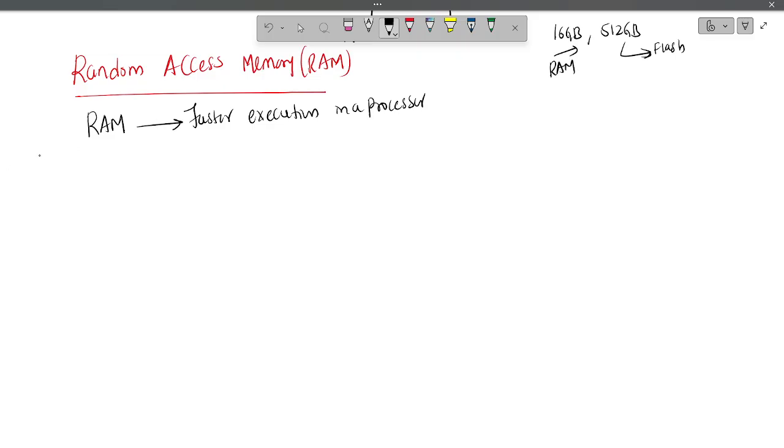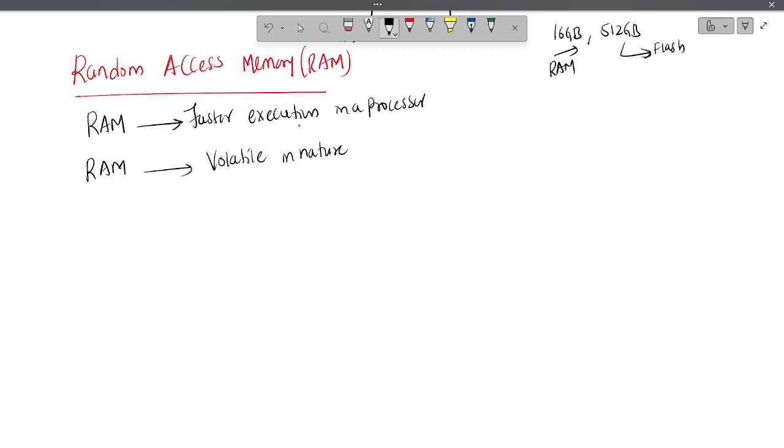RAM is volatile in nature. What is volatile? When the power is cut down, whatever data is there will be erased.